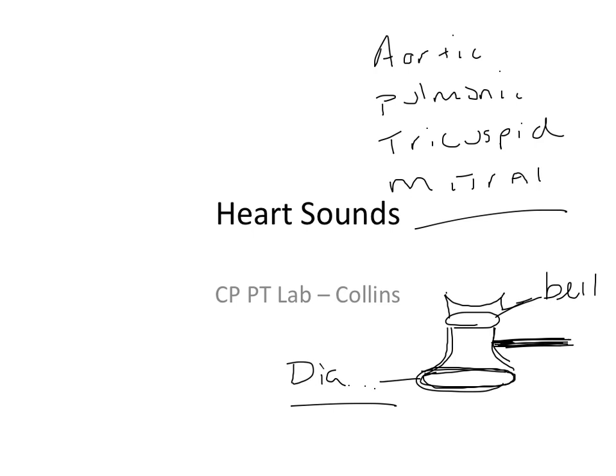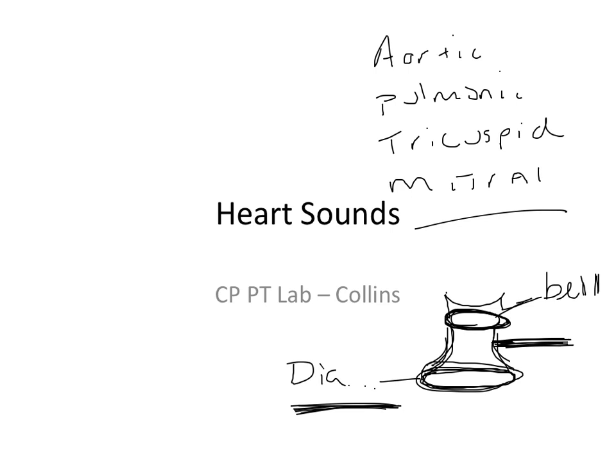Now, for most sounds the diaphragm is acceptable and appropriate, in particular for lung sounds, as you will learn. But heart sounds are really better appreciated with the bell because they are not high pitched noises. You can hear them with the diaphragm, but they are better appreciated with the bell, particularly when you're listening to see if there are aberrant or abnormal heart sounds.